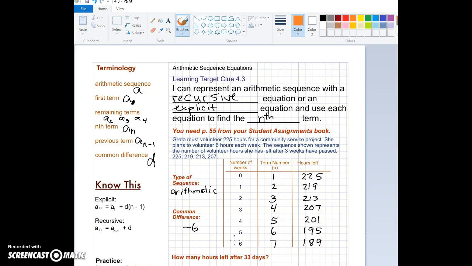And now what I want you to do is notice a pattern. I want you to notice that we've got from the first term, which started at 225, how did we get to the second term? Well, we subtracted 6, didn't we? And then to get from the second term to the third term, we subtracted 6 again, or we added a -6.